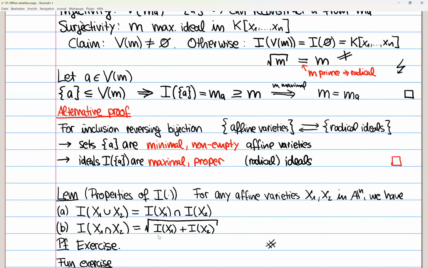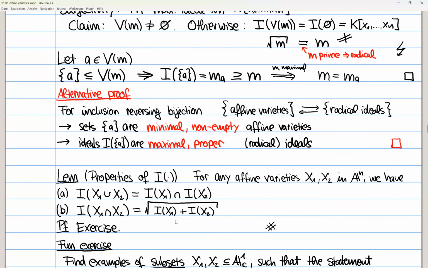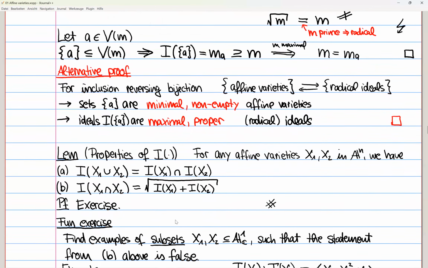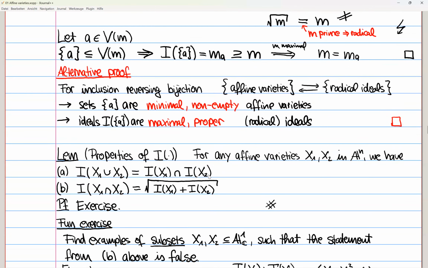It is a fun exercise, I would say, because you see in this lemma we had as input that x1 and x2 are affine varieties, and in all of the previous results we basically just allowed any input, any subsets. And it just turns out that the statement in B is false if you allow any subsets.